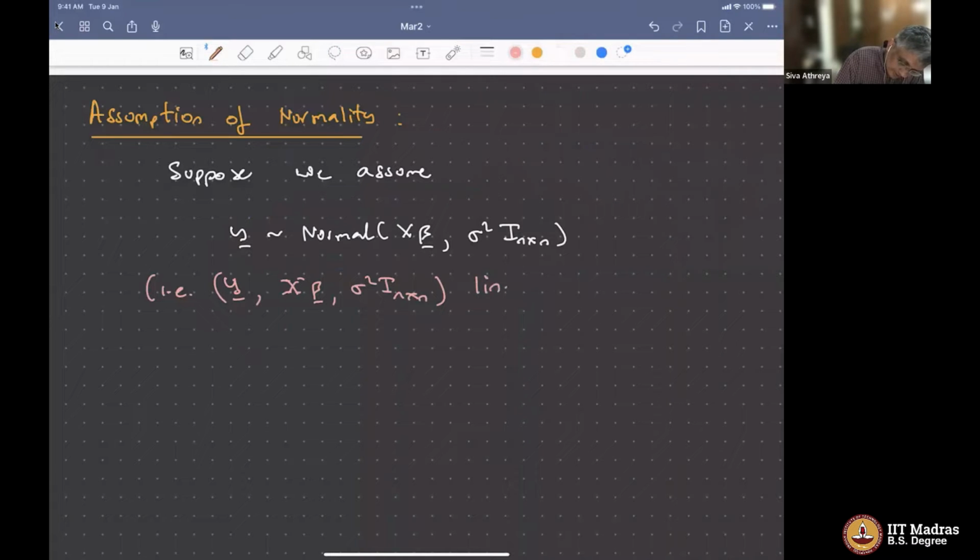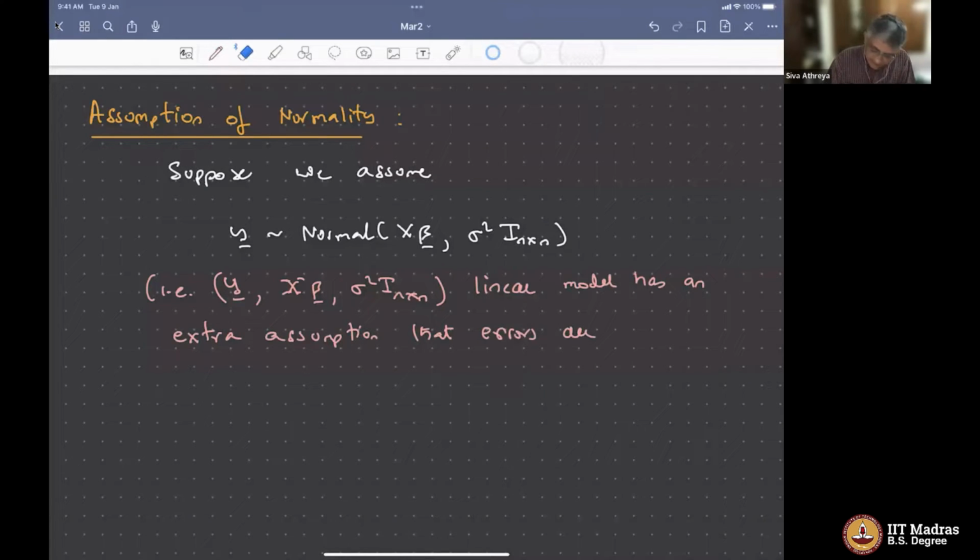That linear model now has an extra assumption, that the errors are normally distributed: the errors e are normal with mean 0 and variance sigma squared I_n by n. That's what it is.